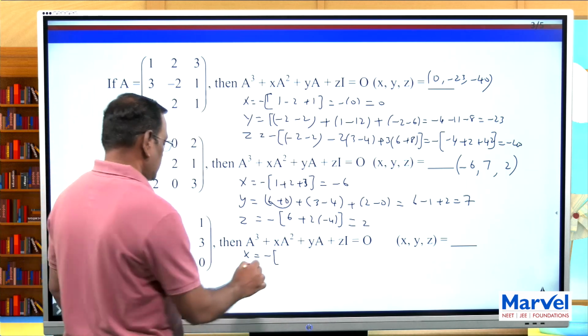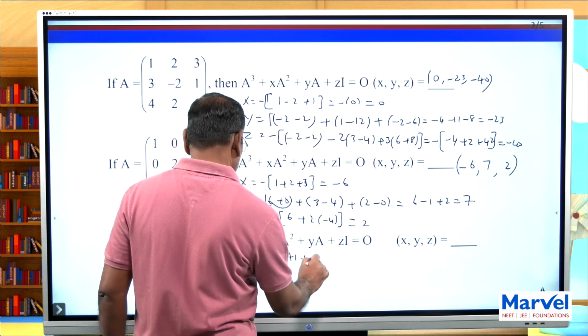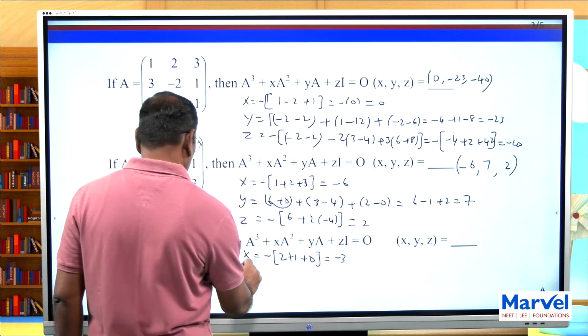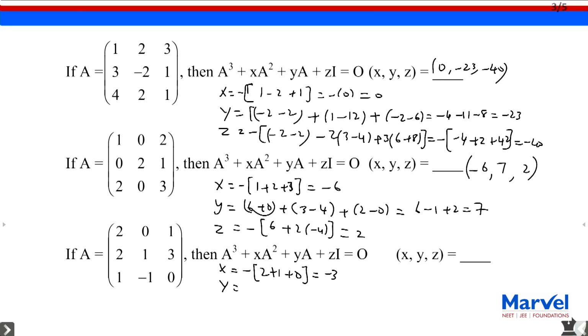Minus 2 plus 1 plus 0, which is equal to minus 3, and y equal to 3 plus minus 1 plus 2, this is 4, z equal to minus of 2 into 3 plus 1 into minus 3.